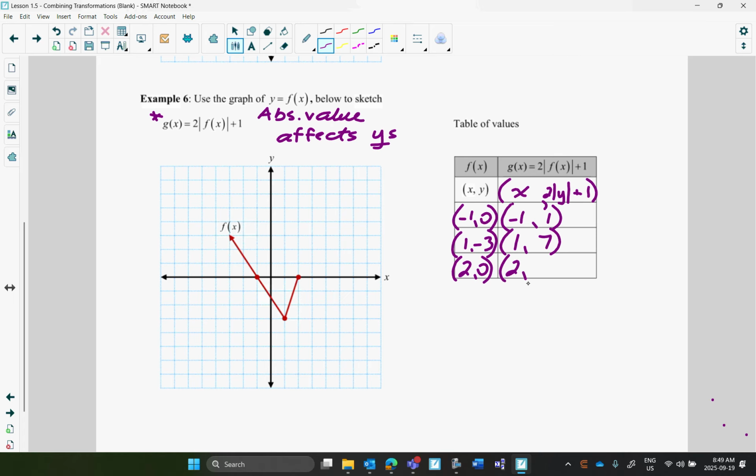Two doesn't change. 0 times 2 is 0, plus 1 is 1. So we're going to have -1, 1. 1, 7. Two, 1.